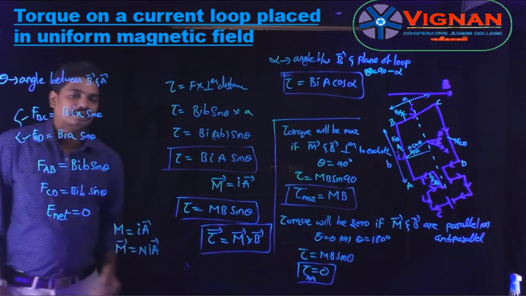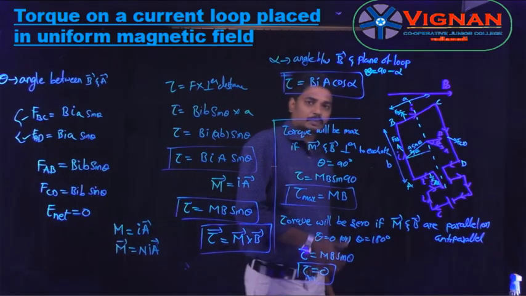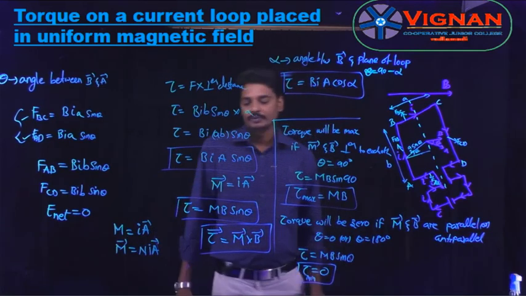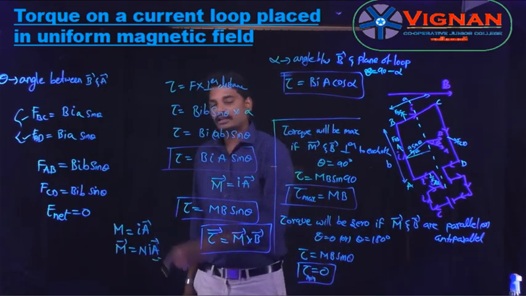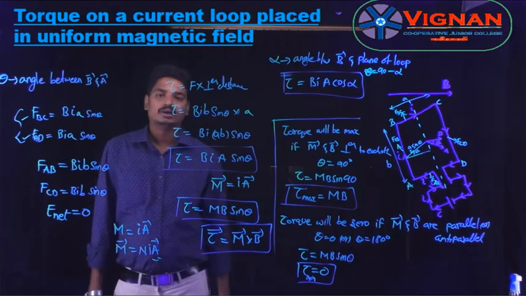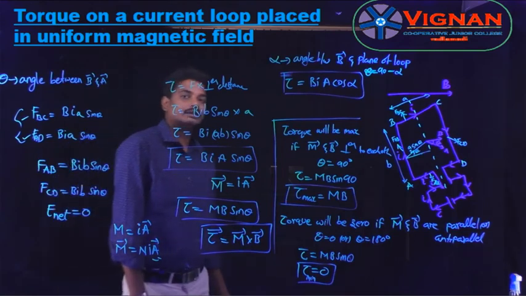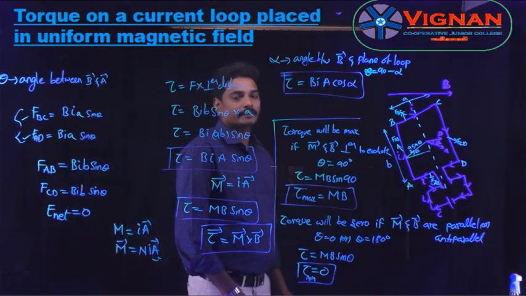The direction of the magnetic moment is in the direction of the area vector, which is perpendicular to the plane of the loop. Here A is the area vector. For a rectangular coil, it is length into breadth. For a circular coil, it is pi r square. For a square loop, it is side square.